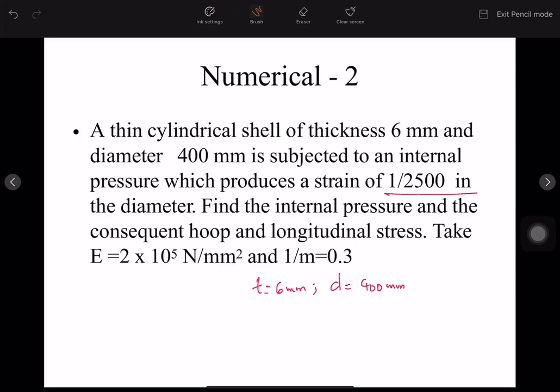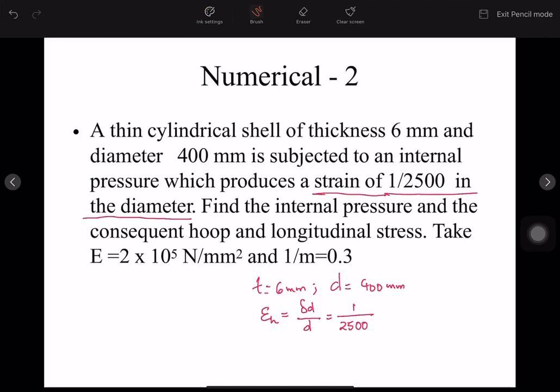The strain in terms of diameter, epsilon h, that is delta d by d, equals 1 by 2500.